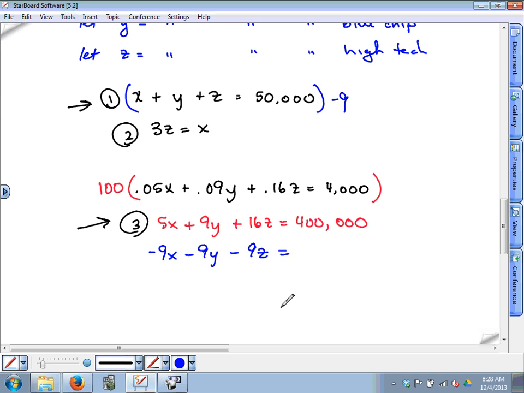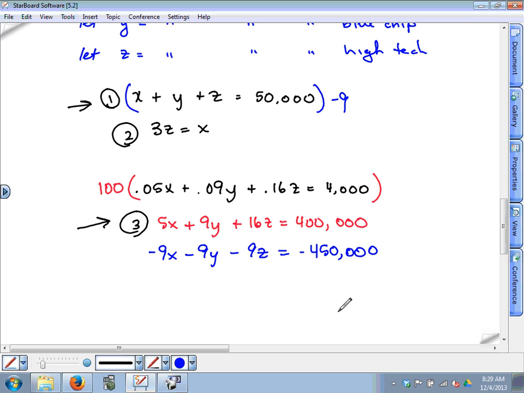Uh-oh. 50,000 times negative 9 with no calculator. It's negative 450,000.